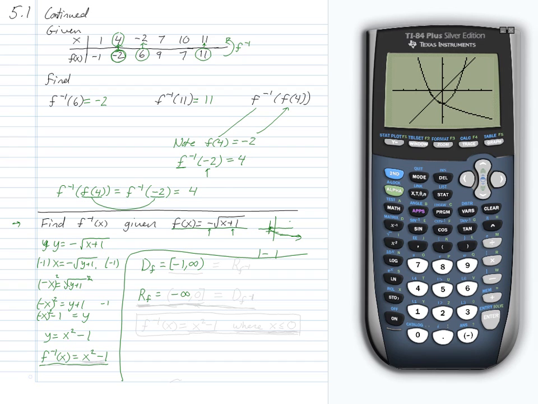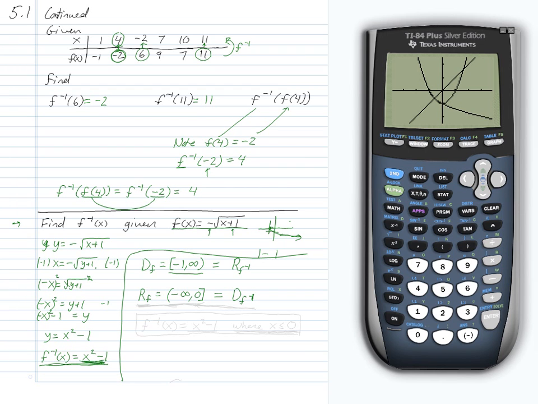So we go from negative infinity up to 0 vertically. And that is supposed to match the domain of the inverse. But the domain of the inverse function, looking at this function, is all real numbers. Similarly, our range of the inverse function should match the domain of the original. Well, in that part we're okay. The range of f inverse is already -1 to infinity.